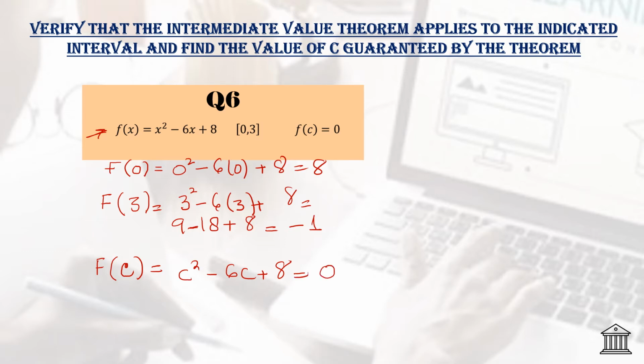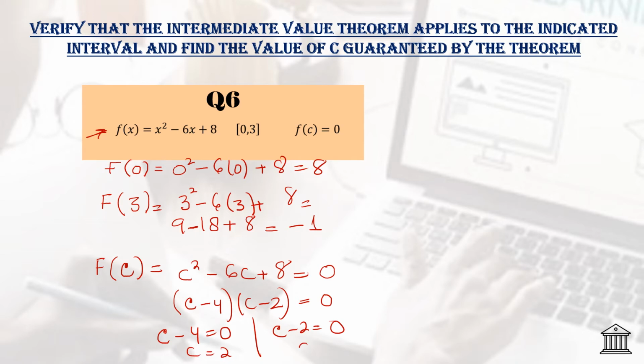Now factor them, so you will get (c minus 4)(c minus 2) because it is a quadratic equation. They are equal to 0. One by one, make the factors equal to 0 in order to determine the value of c. So you will get c equals 4 and c equals 2.